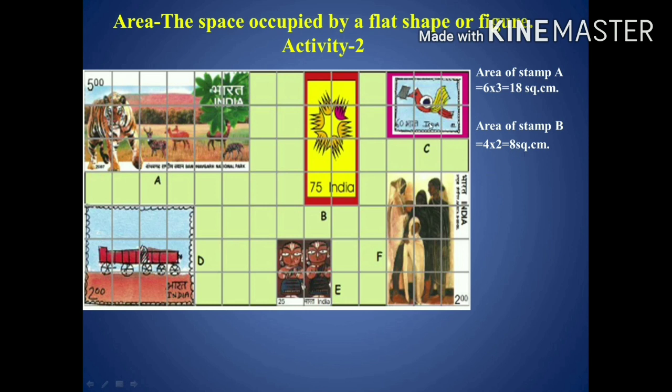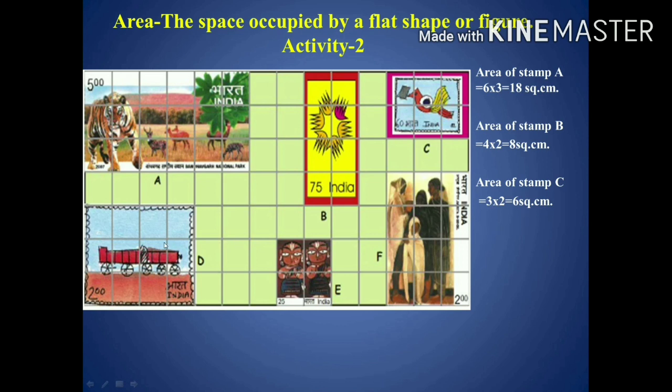Now stamp C, 1, 2, 3, 1, 2. So we can write it as area of stamp C equal to 3 multiplied by 2 equal to 6 square centimeter.